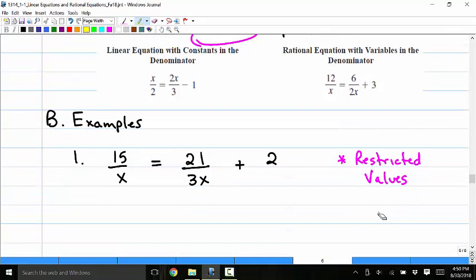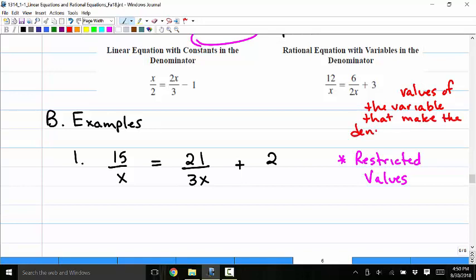Anytime you have a variable in the denominator, you have to be careful. You're going to run into what are called restricted values. Restricted values are values of the variable that make the denominator equal to 0. You do not want the denominator equal to 0.